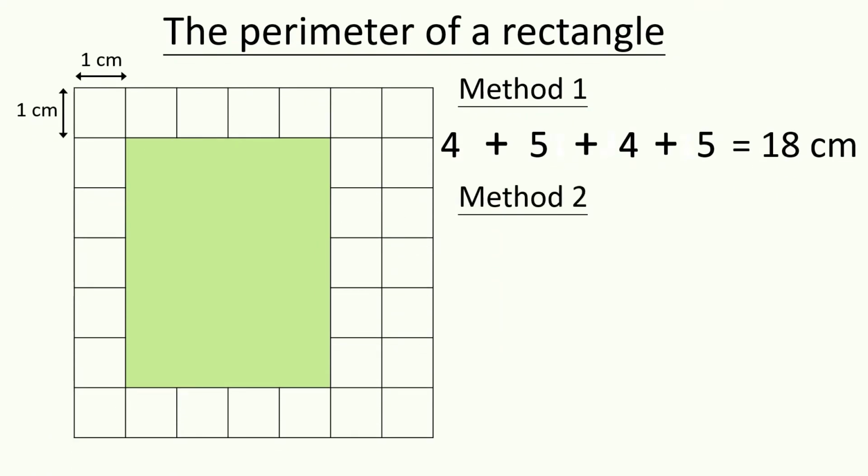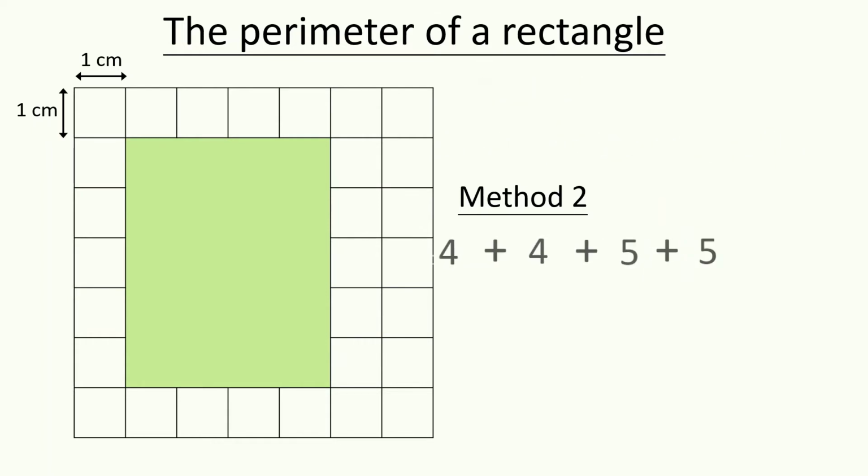Method 2. The two widths of a rectangle are the same. 4 plus 4 is the same as 2 times 4. The two lengths of a rectangle are the same. 5 plus 5 is the same as 2 times 5.